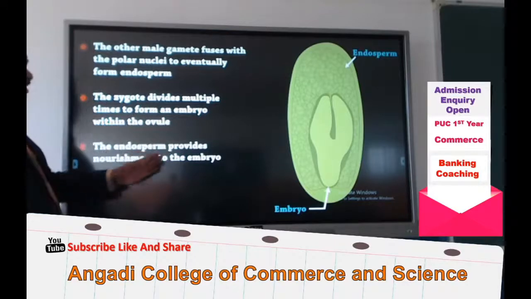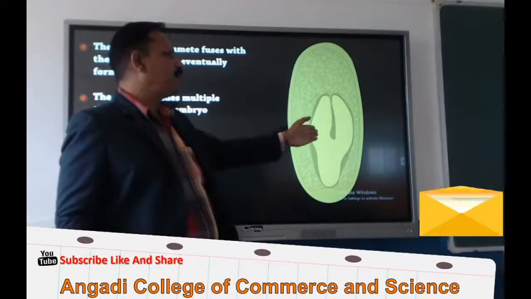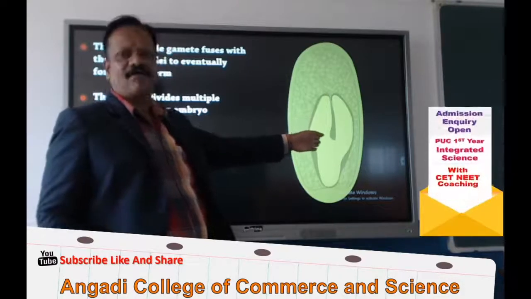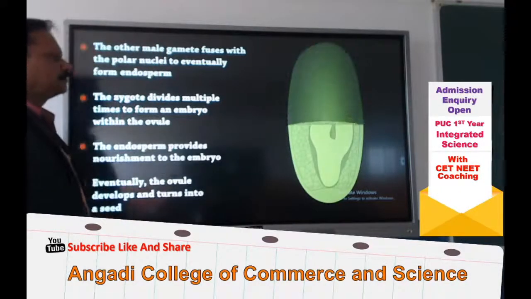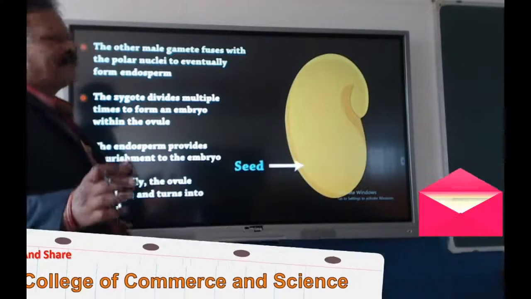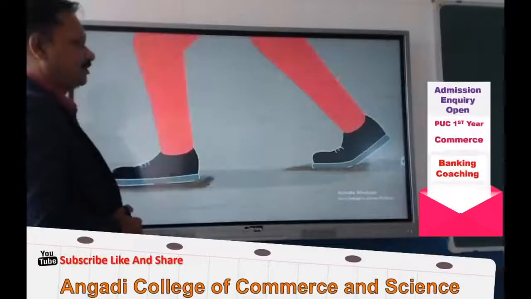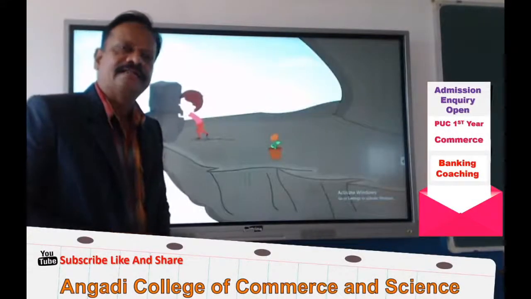The endosperm provides nourishment to the embryo. Whatever food and energy are required is given to the embryo. And then you observe the complete seed formation. In this way, fertilization takes place.